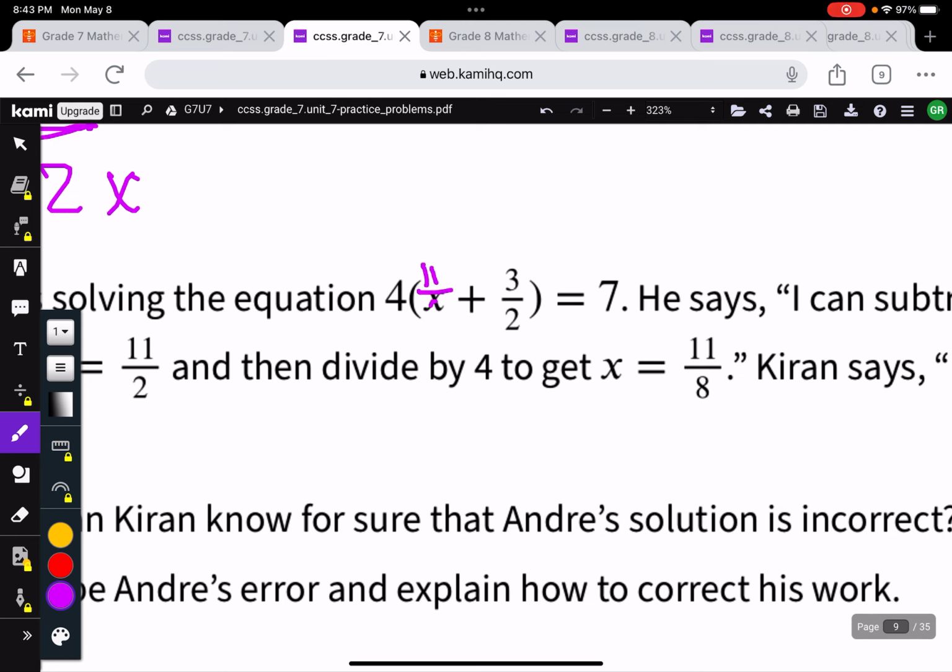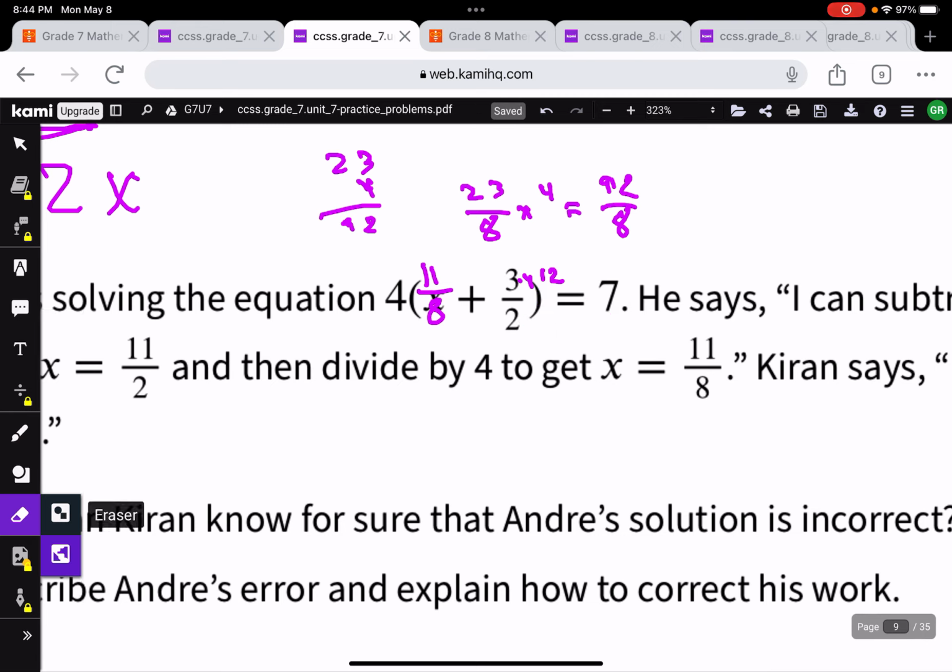If he got 11 eighths for x, let's try plugging in 11 eighths plus 3 halves. 3 halves, if I converted that to eighths, I got to times it by 4, and that'd be 12 eighths. 11 eighths plus 12 eighths would be 23 eighths. 23 eighths times 4 is going to be 92 eighths, and guess what? That's not equal to 7. 92 divided by 8 does not equal 7. It needs to equal 7.